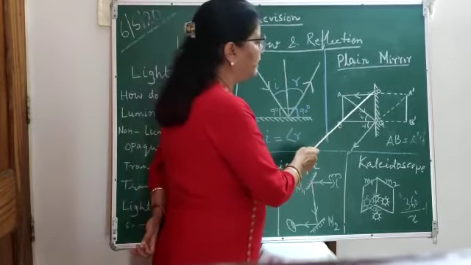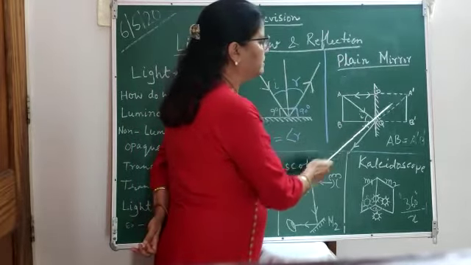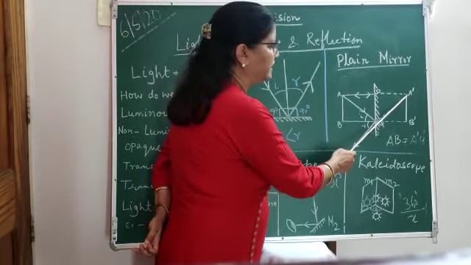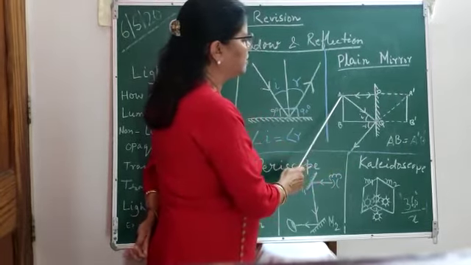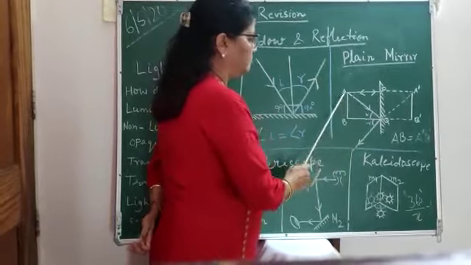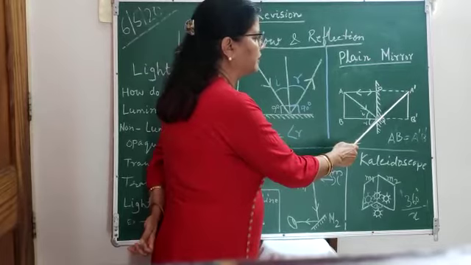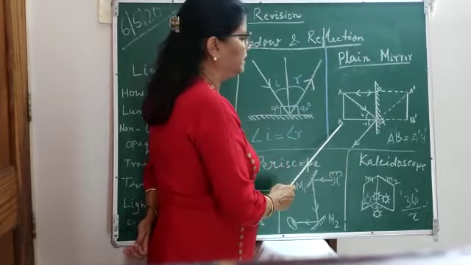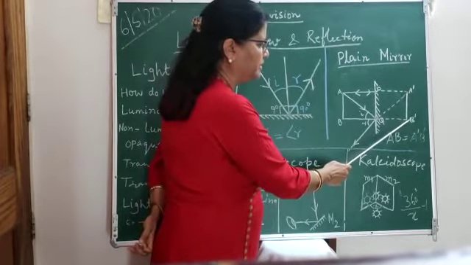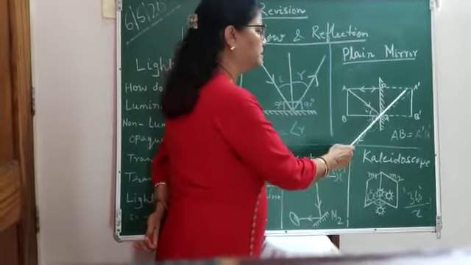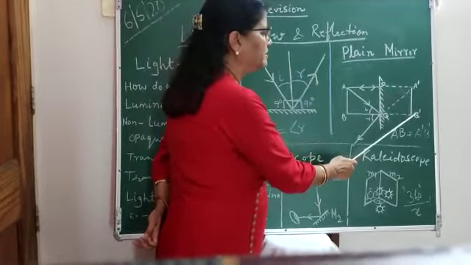So when we produce them backward, they appear to meet at this point. So image of A is formed, A dash, at this point. Similarly, image of B is formed at B dash, and all the points between A and B are formed in the same manner between A dash and B dash.